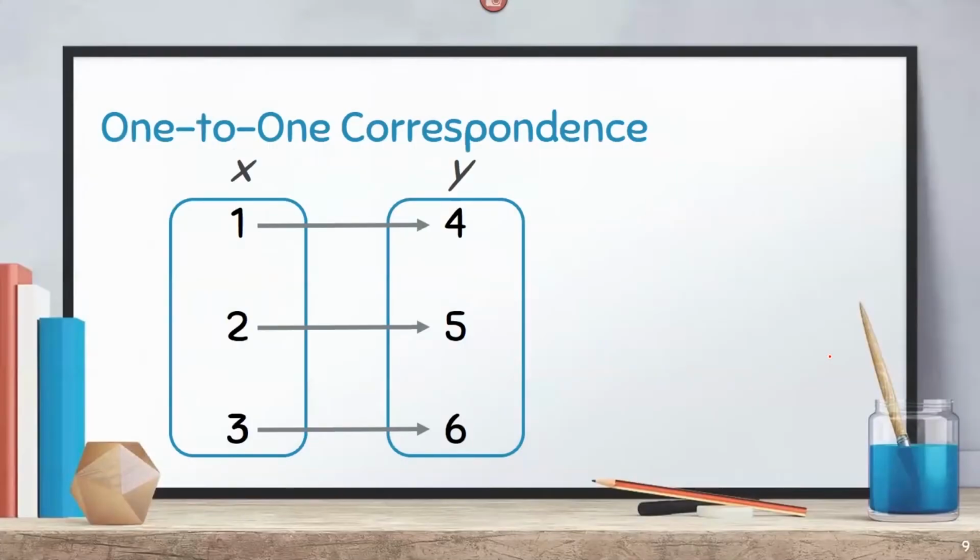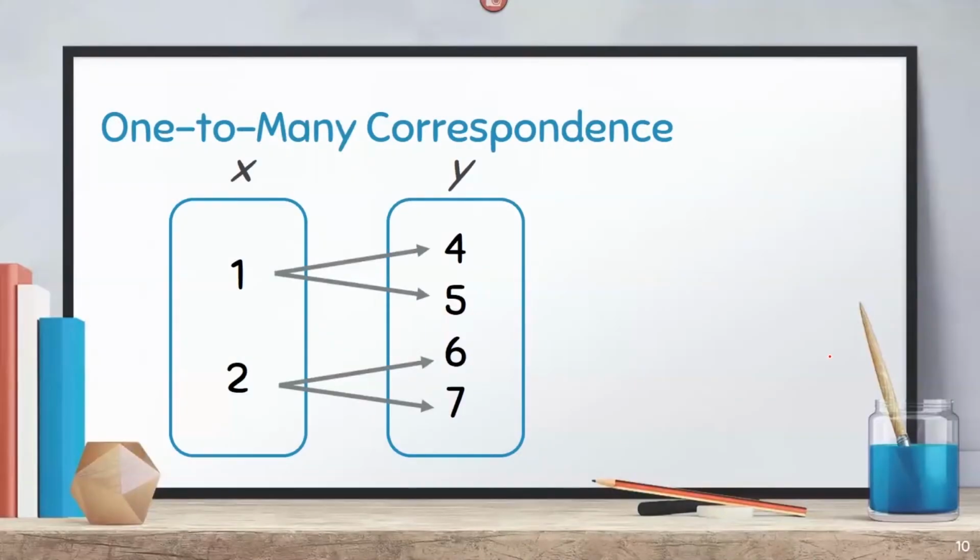Let us go back to the correspondences earlier. In one-to-one, we can clearly see that each value of x is being paired to only one value of y. Hence, this is a function. As for one-to-many correspondence, notice that each value of x is paired to multiple values of y. 1 is being paired with 4 and 5.